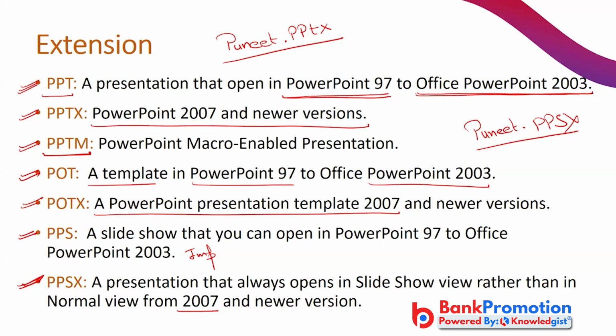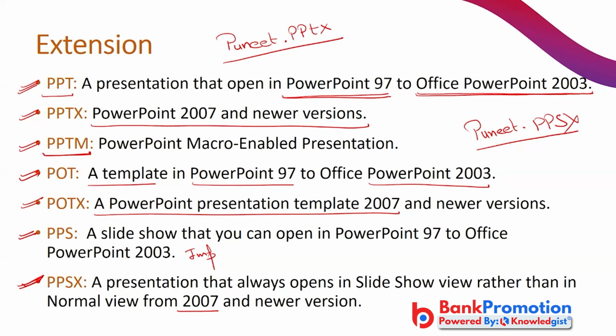There are options while saving. When you try to save a file, it will automatically suggest PPTX. But you can use the drop-down menu and change it to PPSX. There is a drop-down menu by which you can change the type of the file.